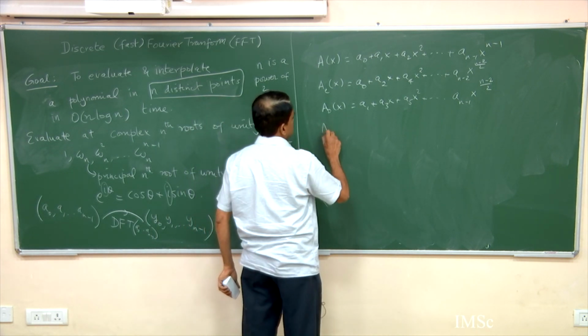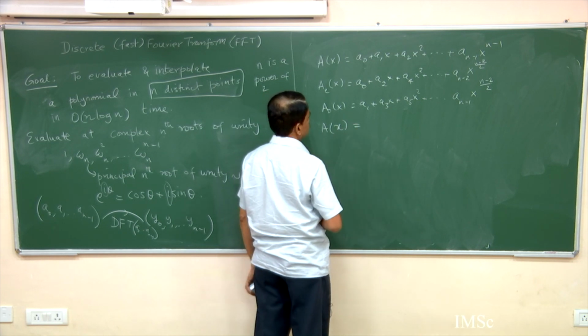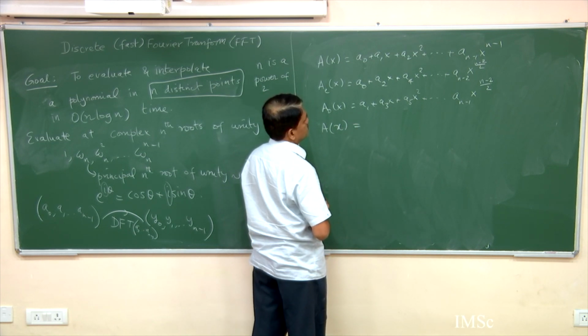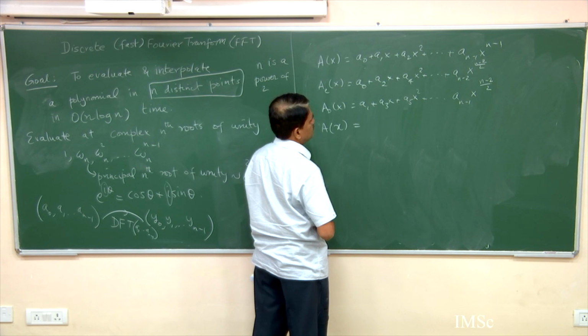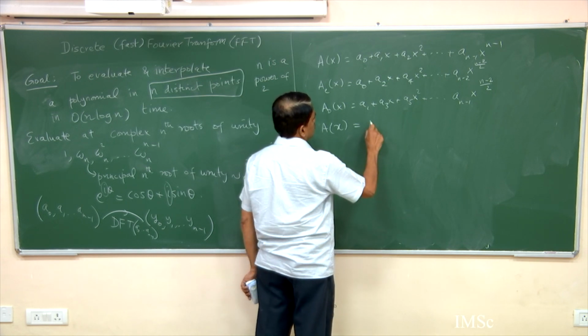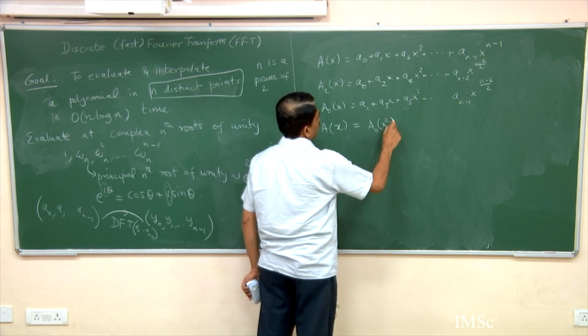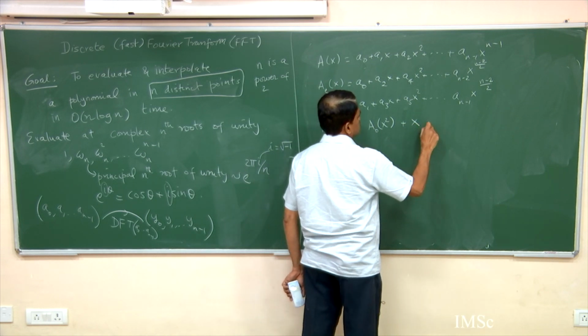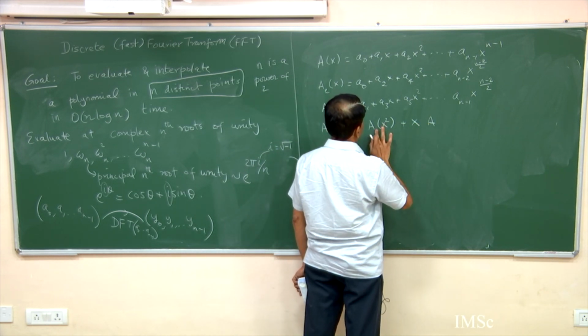So what is A of x? A of x is ao of x square times x plus ae of x square.